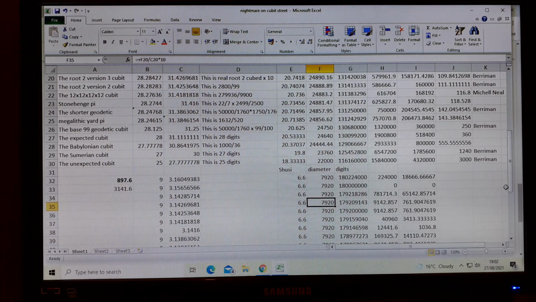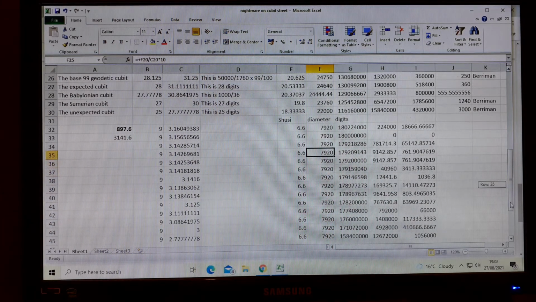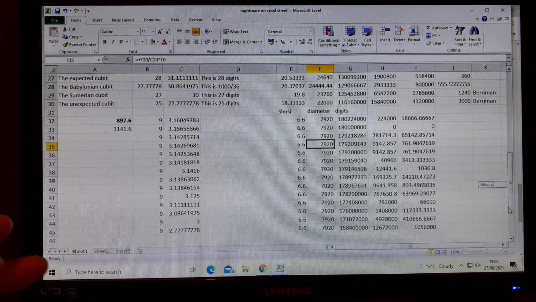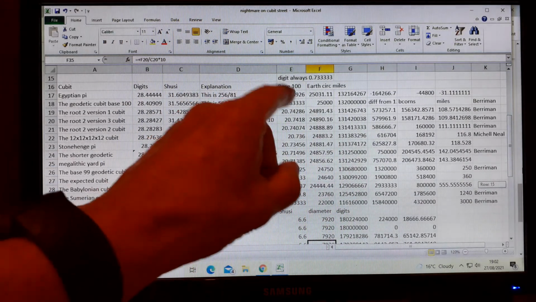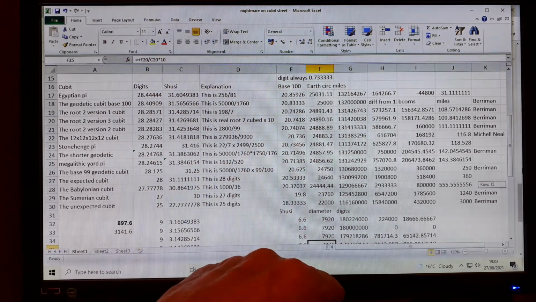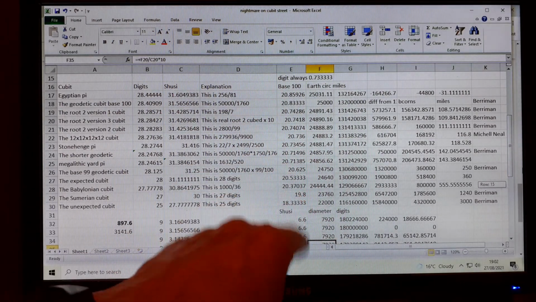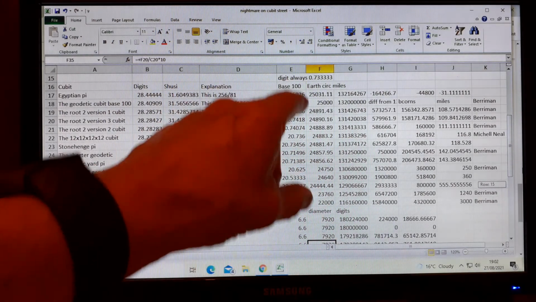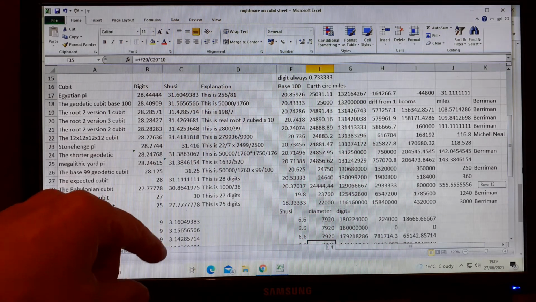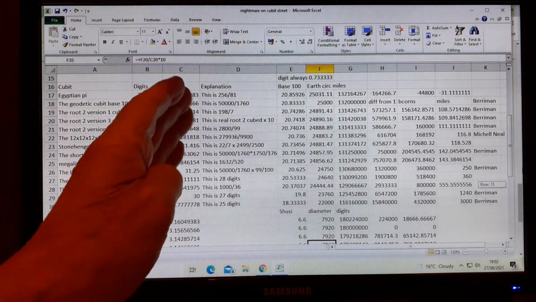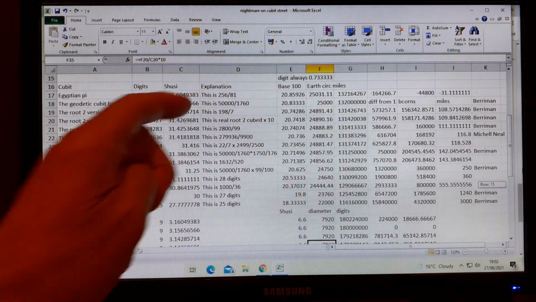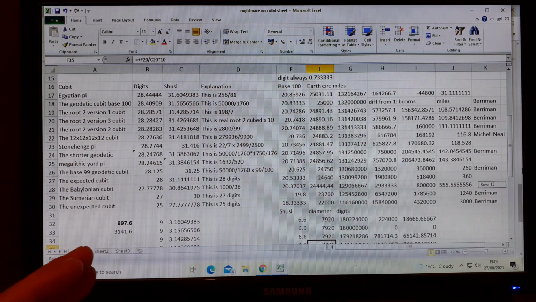That's for another day. But this is very clearly showing us that we can get all these different cubits using a constant Earth diameter, a constant diameter for the cubit, and variable pi, which is being worked by the digit being transferred to the Shusi, where we get 10 pi.